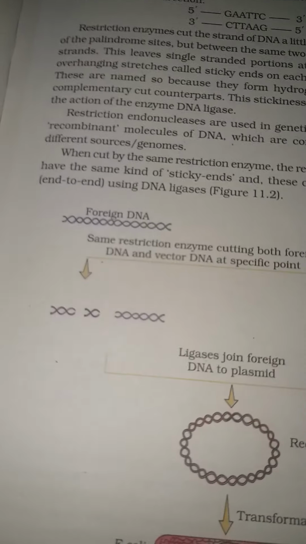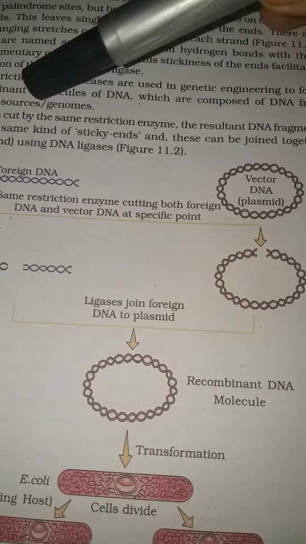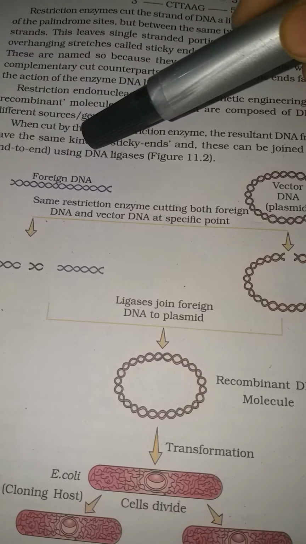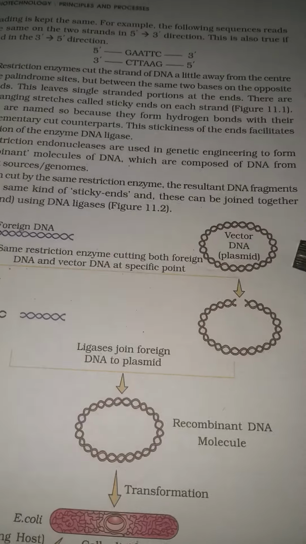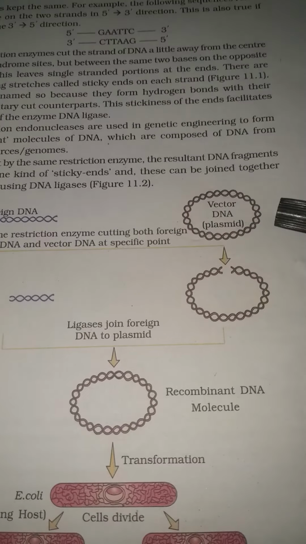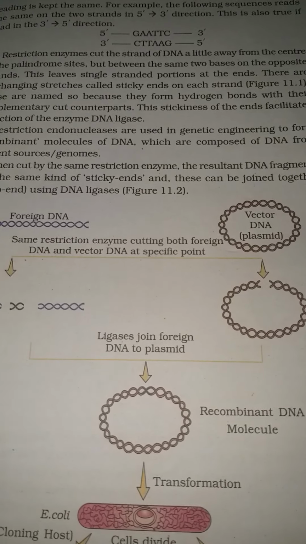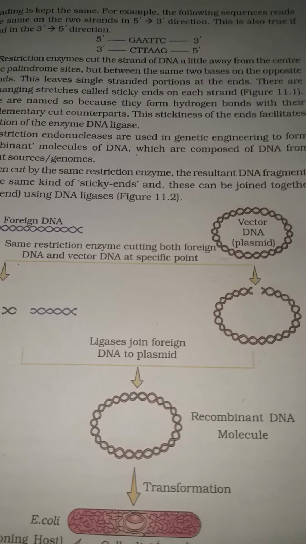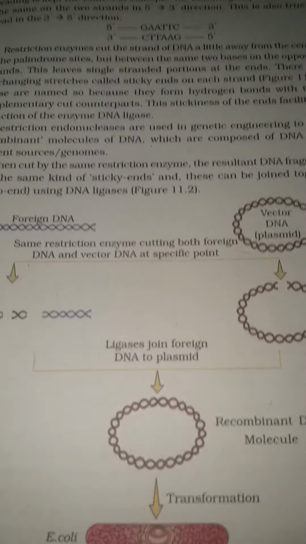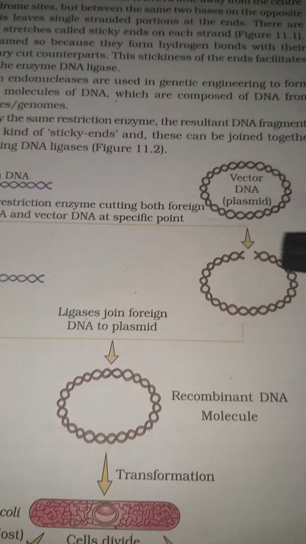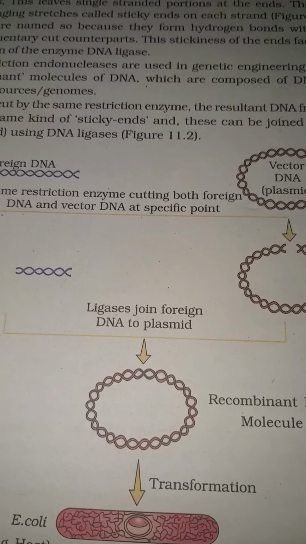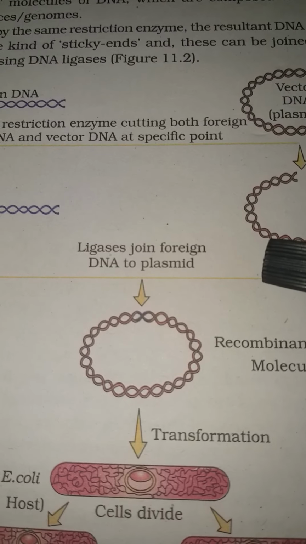Clear? Now if you focus on this figure, here you have the foreign DNA strand, and here is the vector DNA, basically a plasmid. These are only possible in prokaryotes, where you have extra chromosomal DNA, known as a plasmid. With the restriction enzyme or restriction endonuclease, it is spliced and cut, and it is introduced with the help of a ligase.